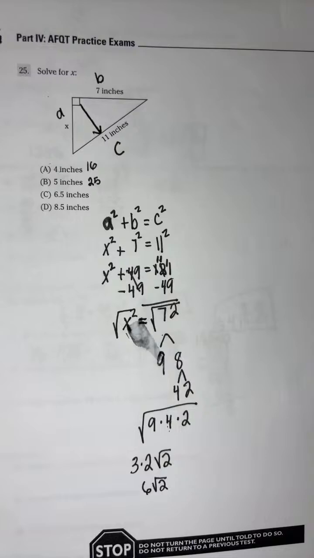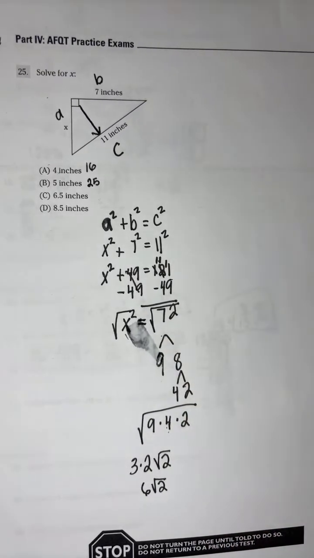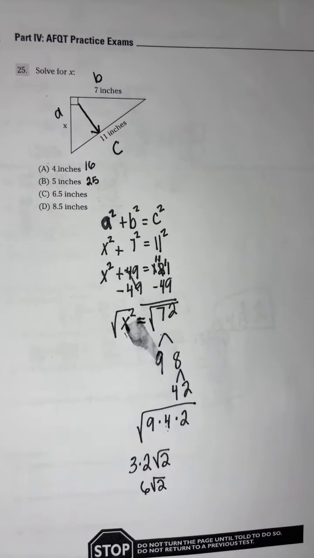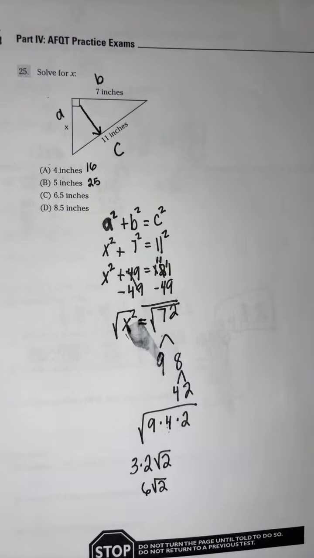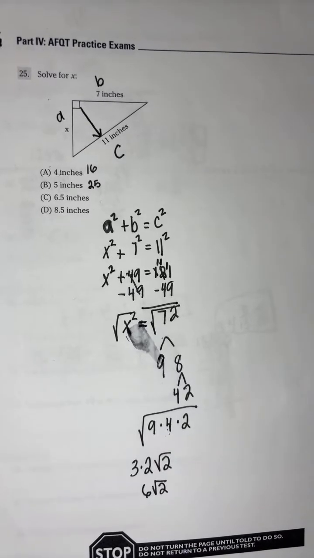What is it actually? Does anybody know what this square root of 72 comes out to be? Let me see. I need a calculator. Yeah, this one is tricky.